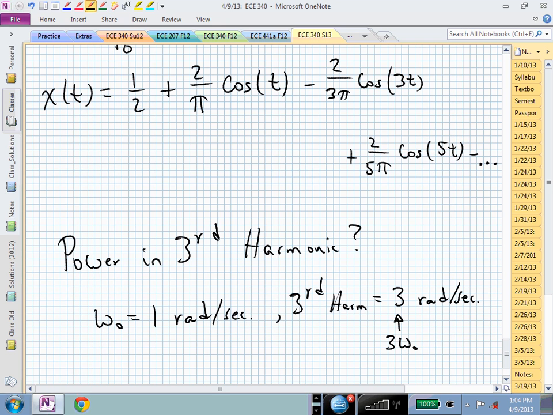Now we're looking at the power associated with this term of cosine of 3t.